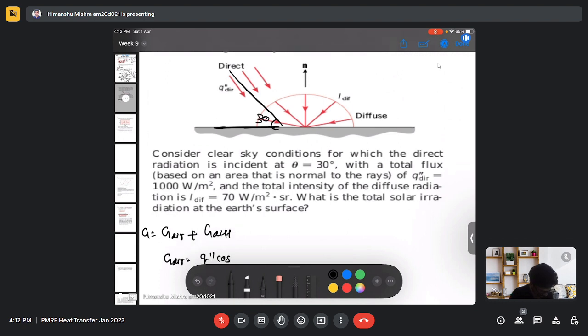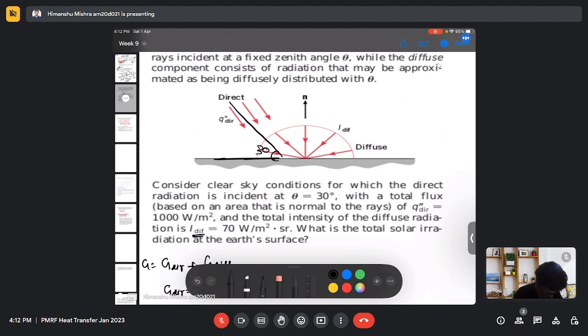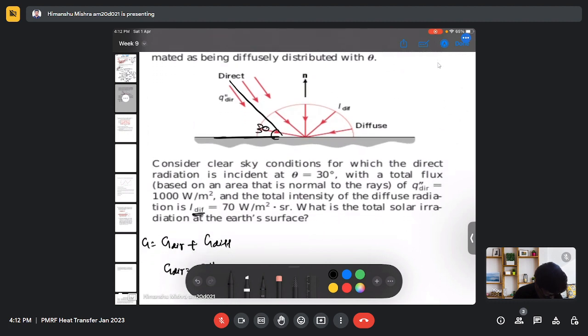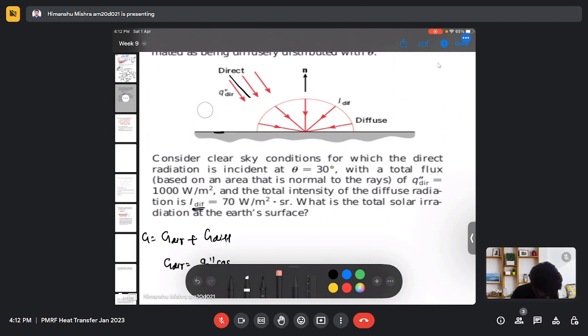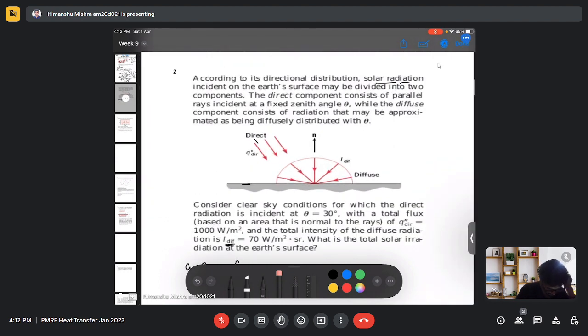And we are just given the total intensity or diffusive intensity. That's it. So can you show the statement? So here it is.